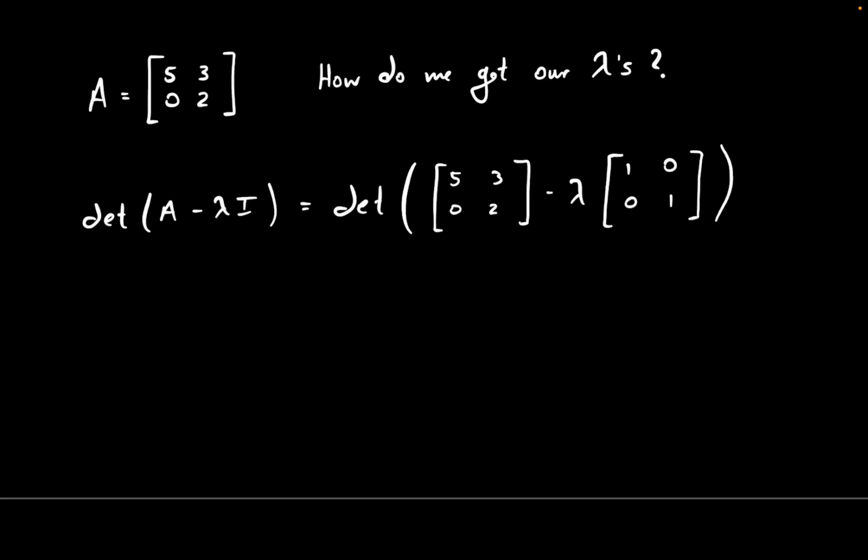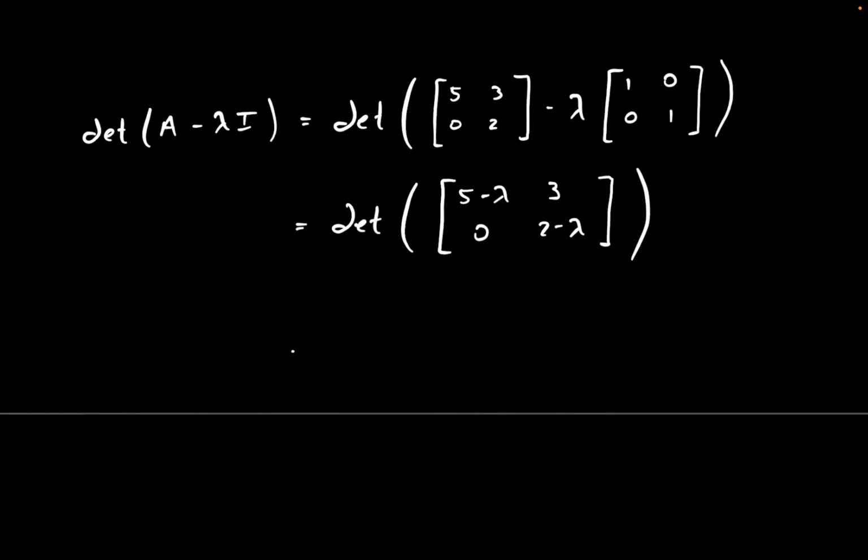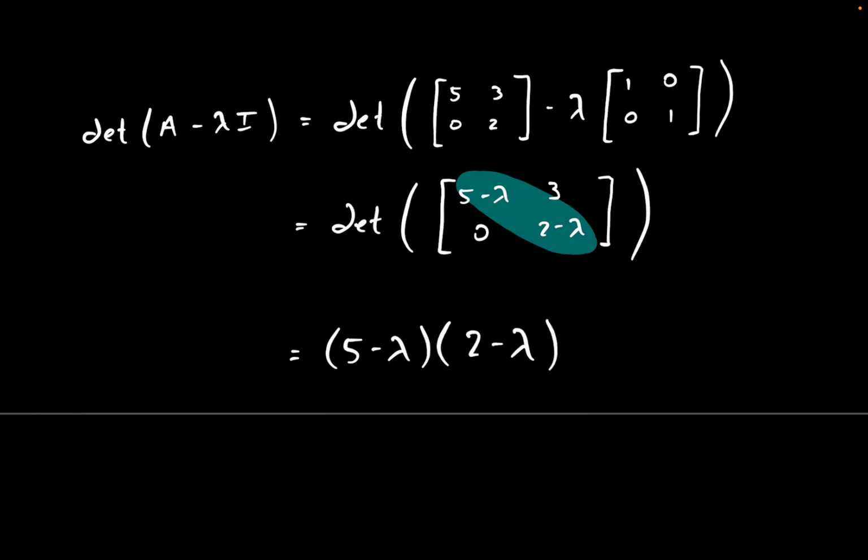So then from here, what we'll get is we'll be taking the determinant of 5 minus lambda, 3, and then 0, 2 minus lambda. And then from here, with a little color coding, we can see that we'll have 5 minus lambda times 2 minus lambda, and then we will subtract our 3 times 0.